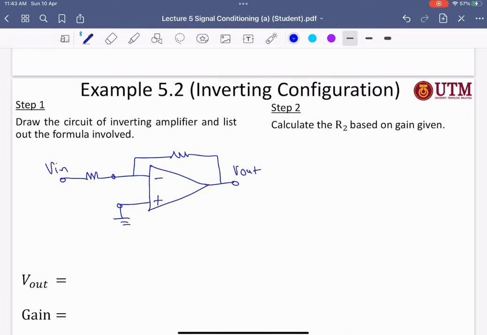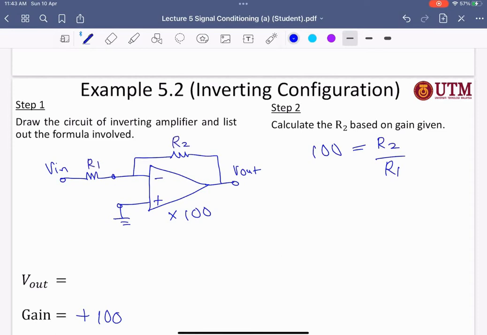Then the question asks how to make the gain of 100. So what it means is the gain is 100, so 100 equals R2 divided by R1. This one is R2, this one is R1.